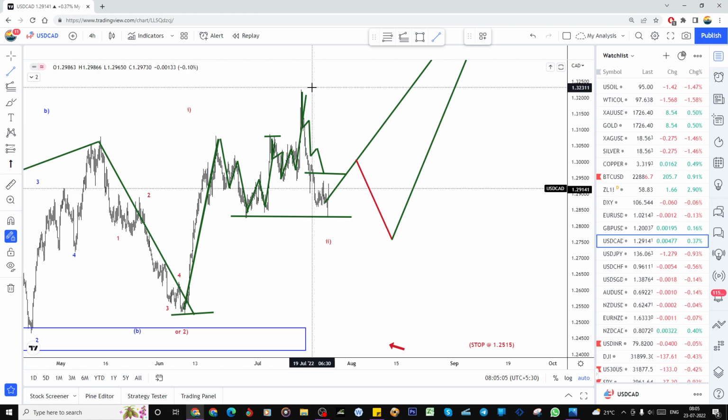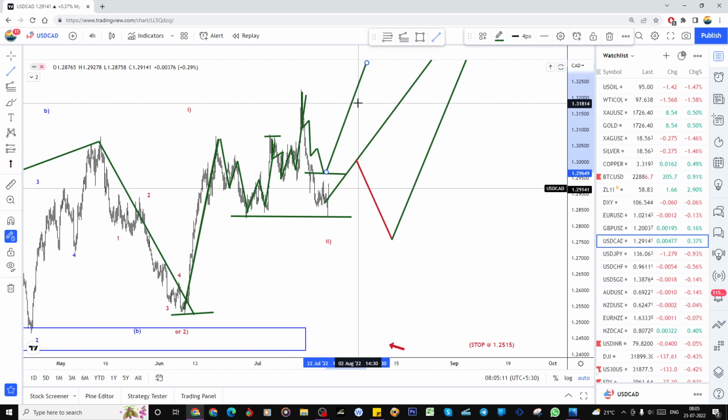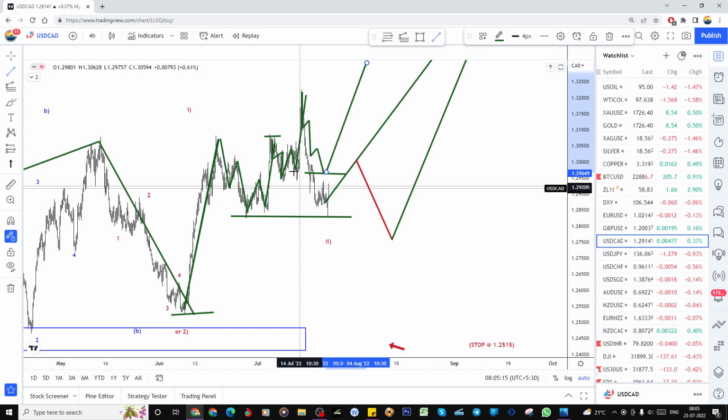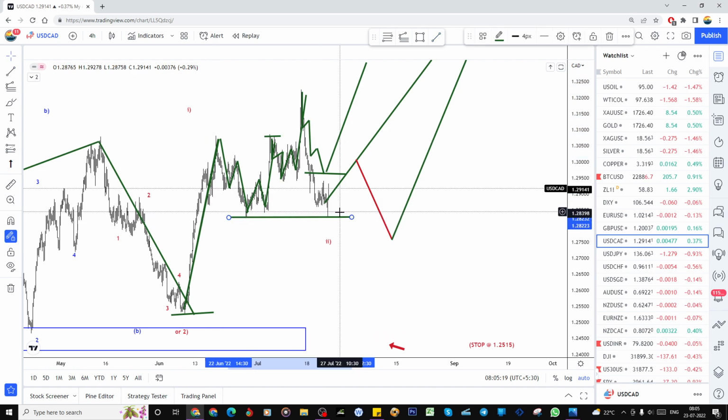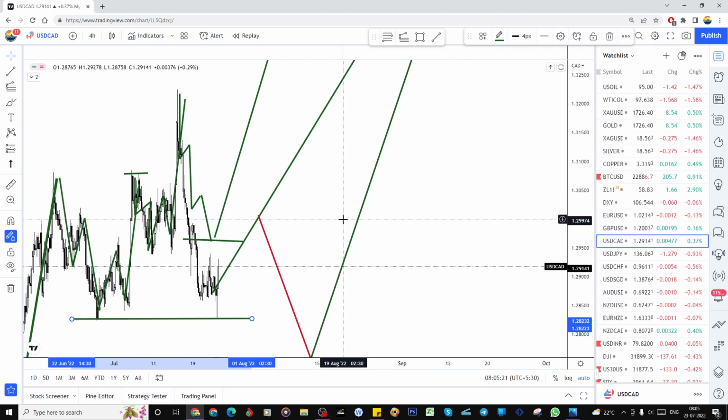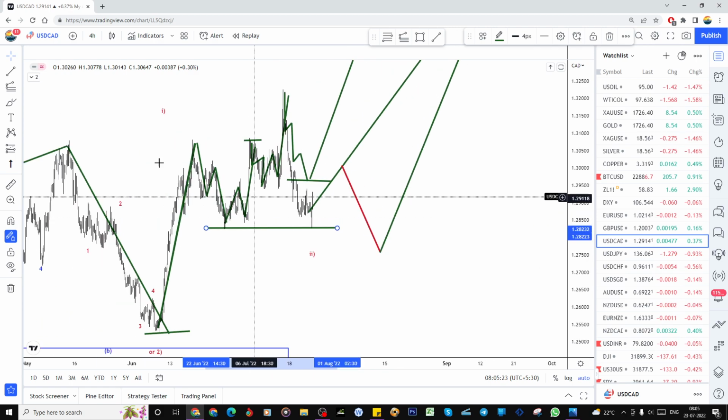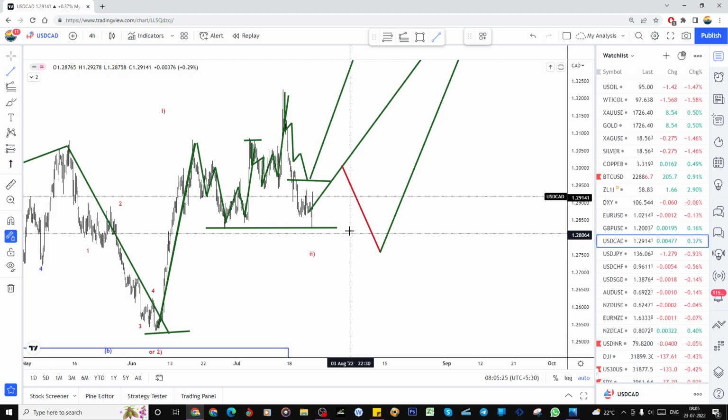So this wave pattern has already ended. So this is the A, this is the B and C. So from here we can expect like that. I have given the possibilities, but it came down and exactly reached the previous support level. So if we think that the dollar may come to the downside again, this is one possibility.